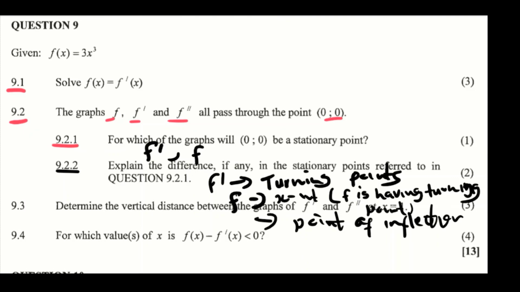So what do I mean by it will give you the x-intercept? You can have a situation where your cubic looks something like this, right? So this point here is the turning point of f, of function f of x. It's a turning point.